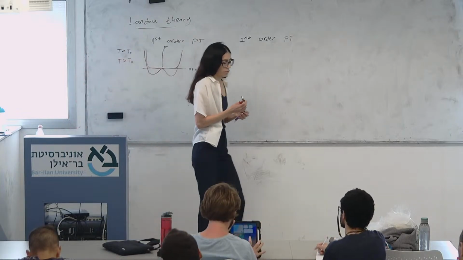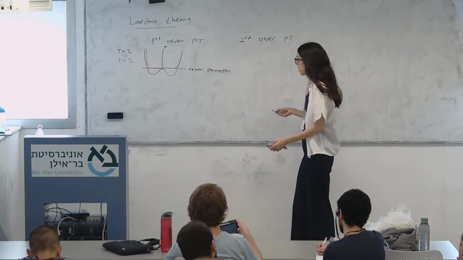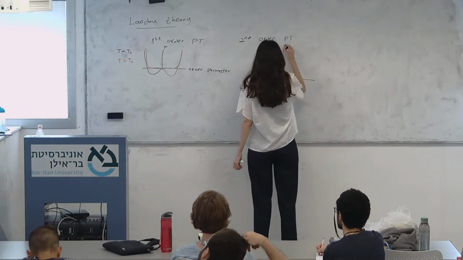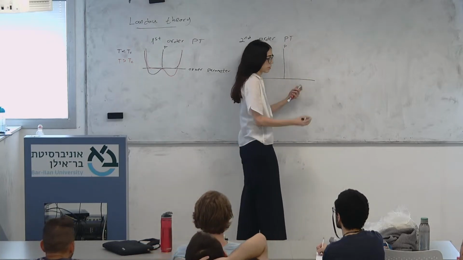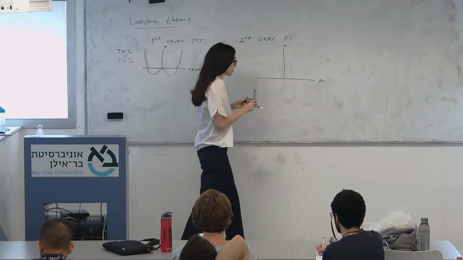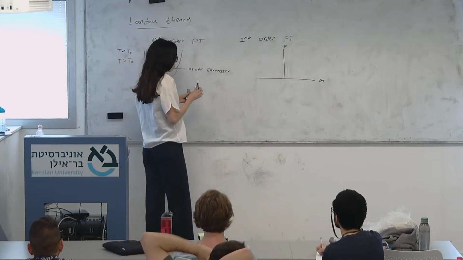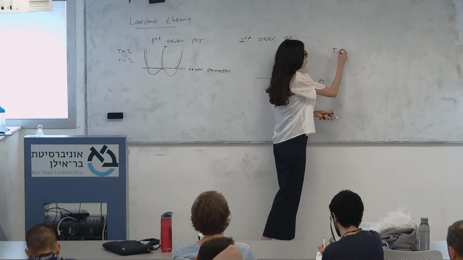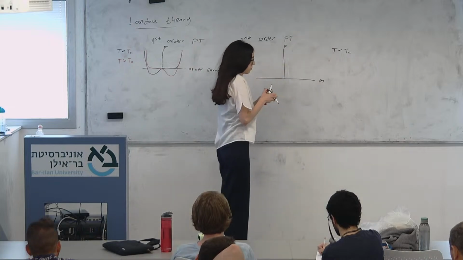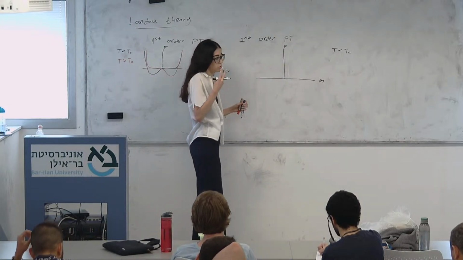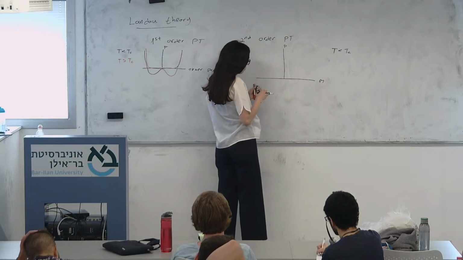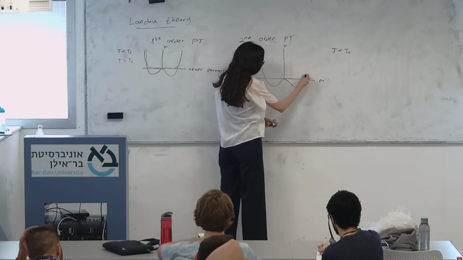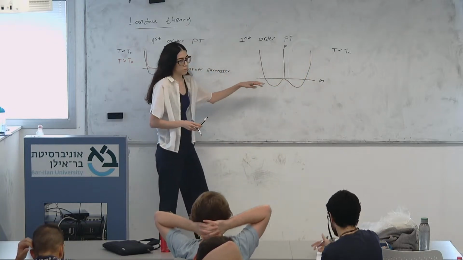The second order phase transition is what we're going to talk about. You have the free energy again versus the order parameter, which in our case is m, so I'm going to use m. If we look at the temperature below the critical temperature, we're going to have two minima, symmetric with each other.